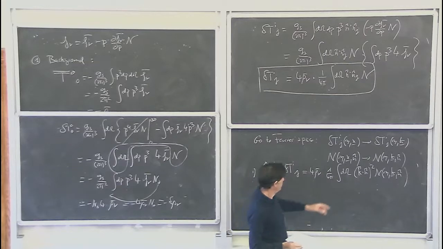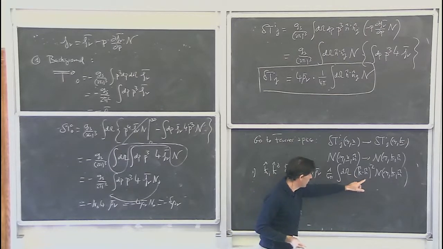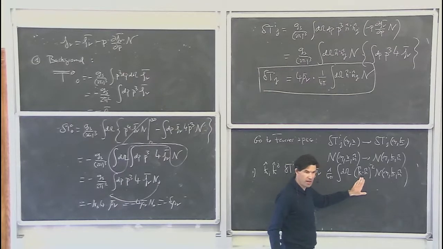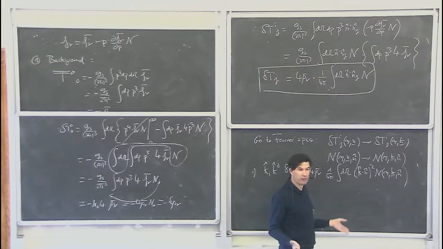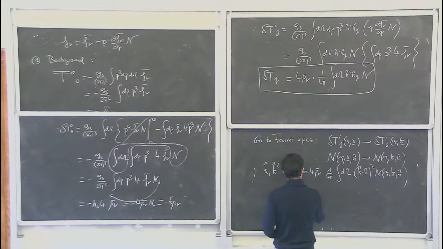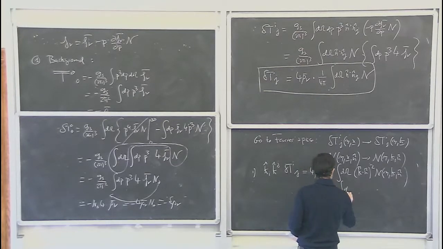First of all, now I can pick my angles as follows. There will be mu, the cosine between these two angles, and then there is phi, the azimuthal angle, which I immediately integrate over, getting the 2 pi. So this becomes 4 rho bar times 1 over 2. Then I need to do this integral.